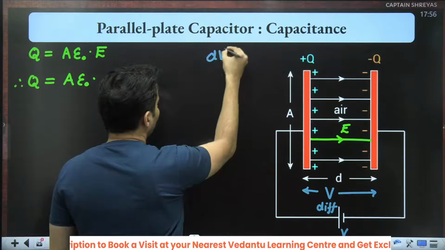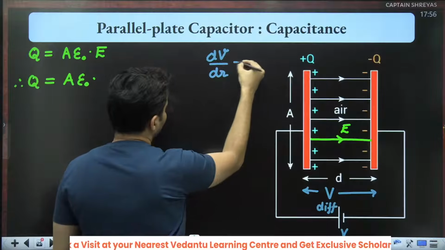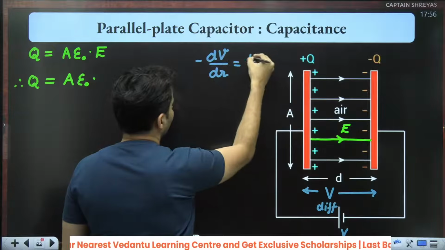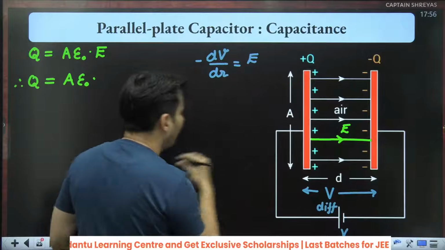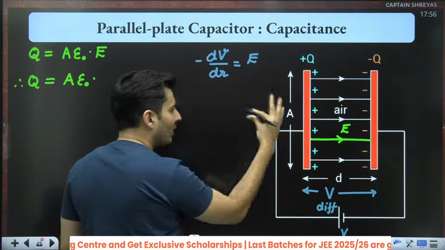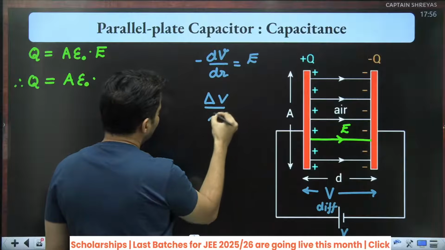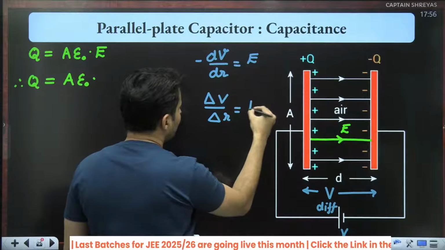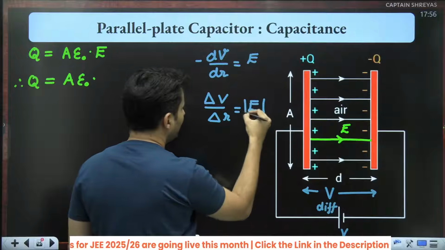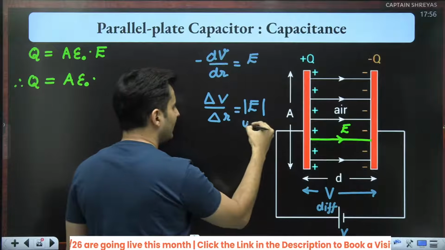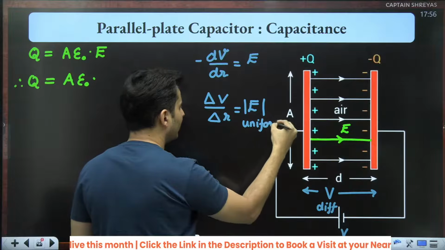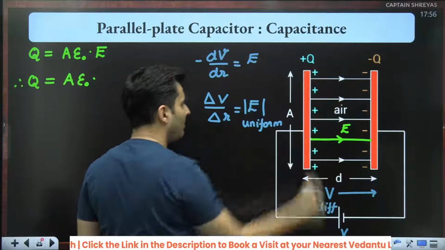We all know dV by dr with a negative sign is the electric field. But if I look at it magnitude wise and for a uniform electric field, I can just say delta V by delta R is E magnitude on an average, considering it is a uniform electric field. Why is it uniform? Because the lines are parallel.